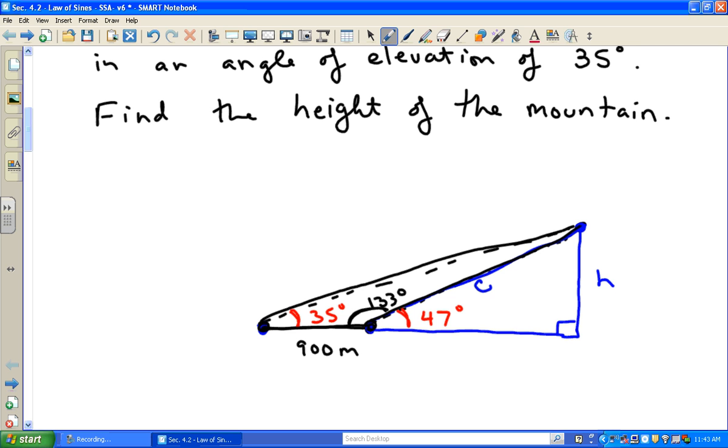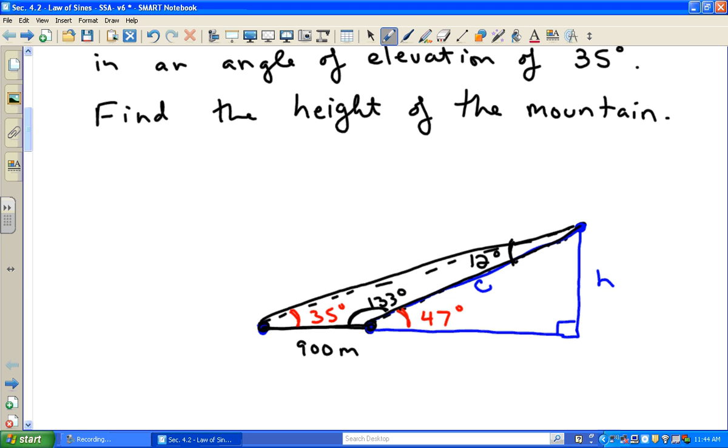Now I can also compute the angle at the top. It would be 180 degrees minus 35 minus 133, which results in a 12-degree angle.